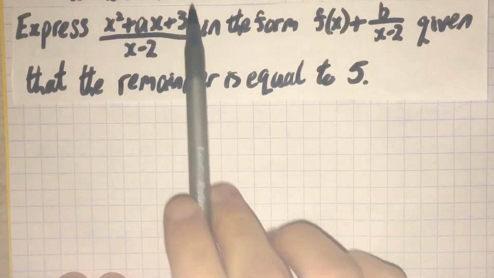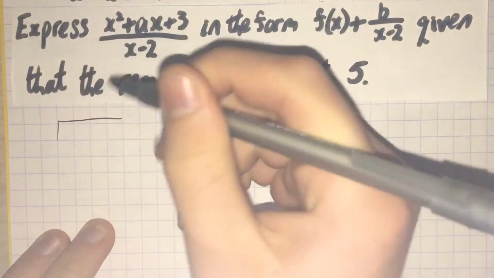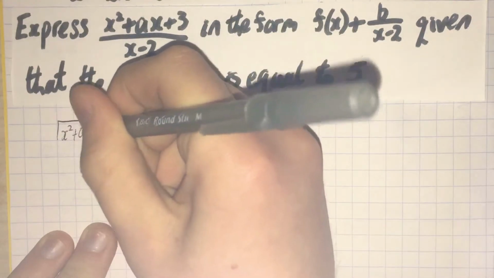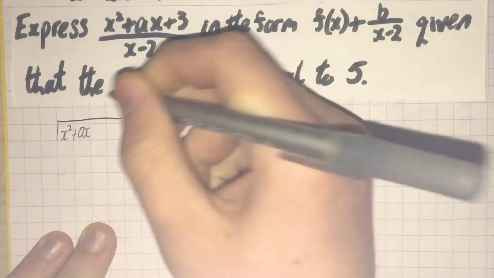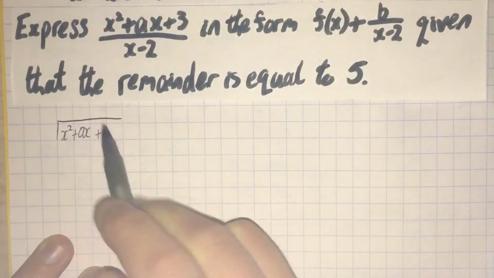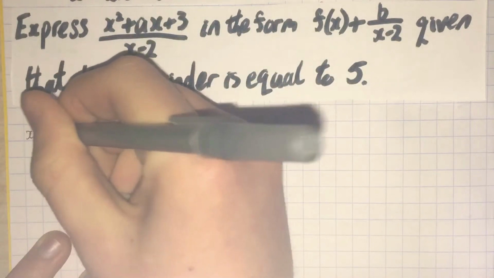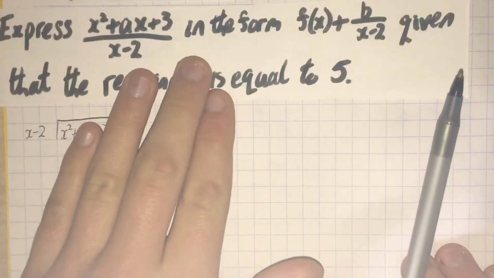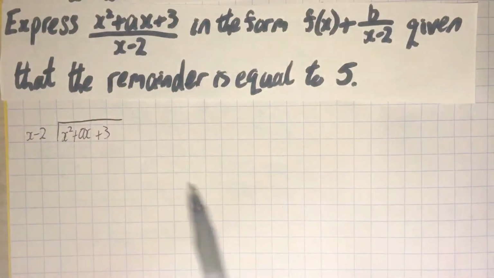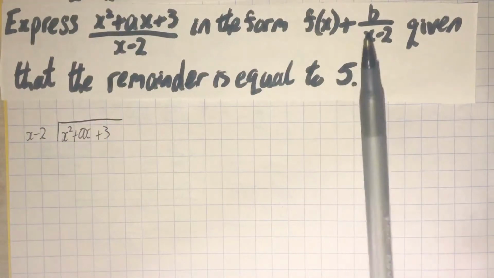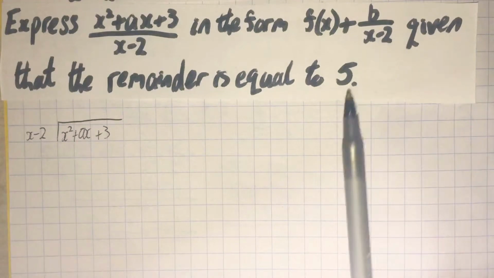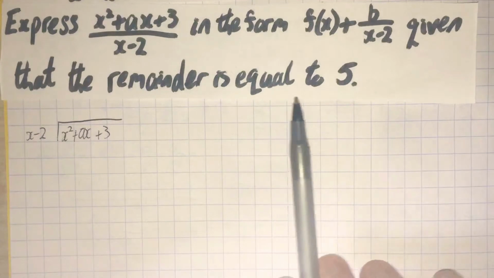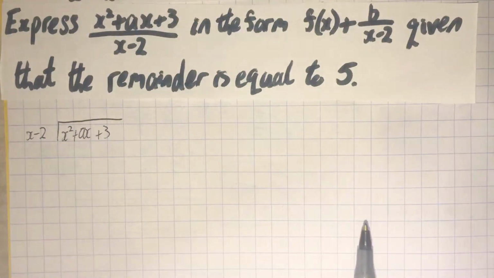So we have got this function, x squared plus ax plus 3, all being divided through by x minus 2. And if you read the question, it shows that we're going to get f of x plus b over x minus 2, which is not too hard, but it's told us that the remainder is equal to 5.